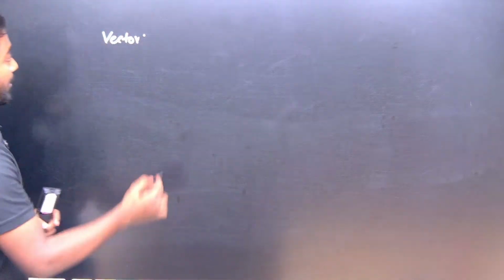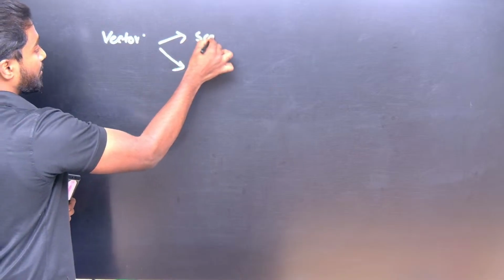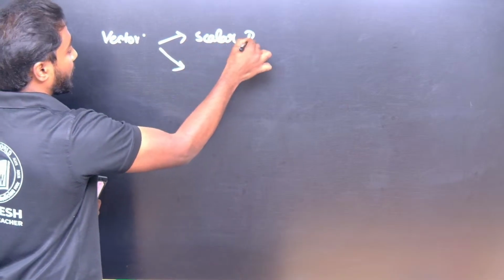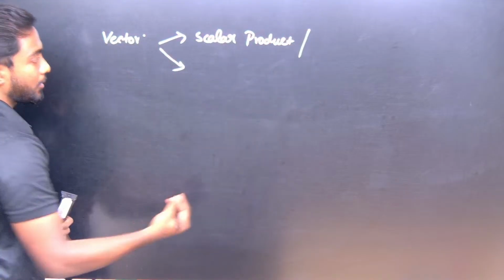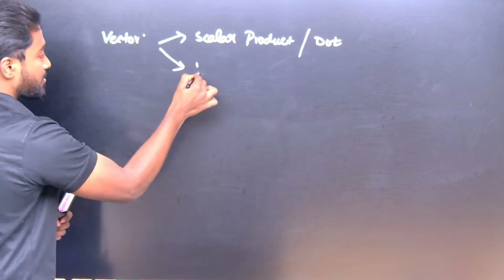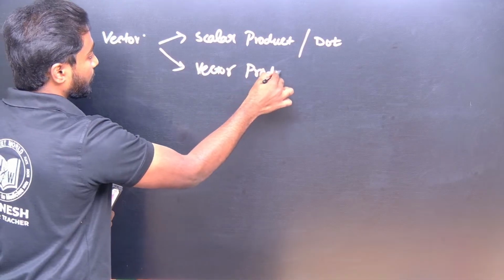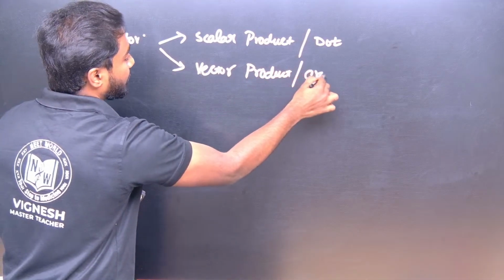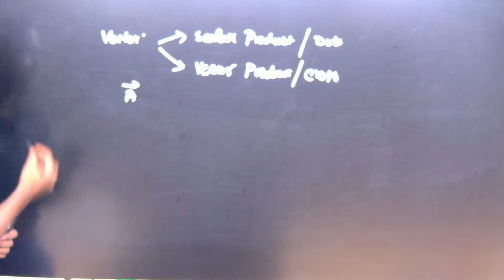In that we have discussed, one is scalar product or dot product, and this is a vector product or cross product.